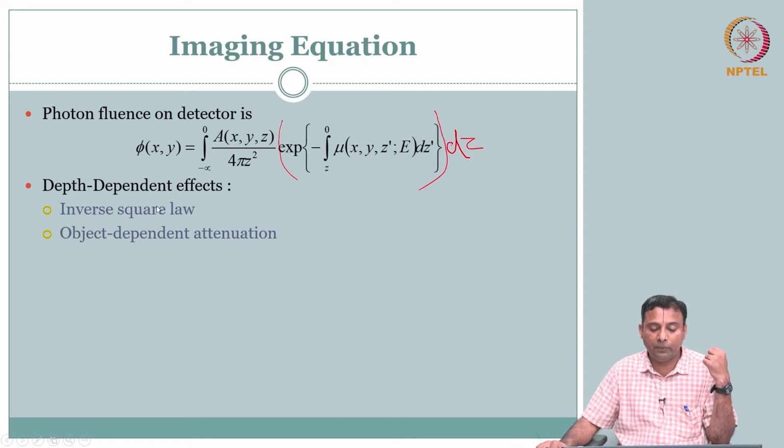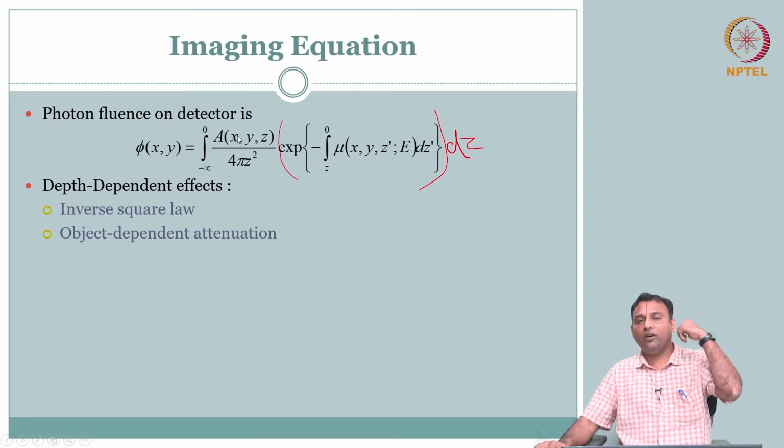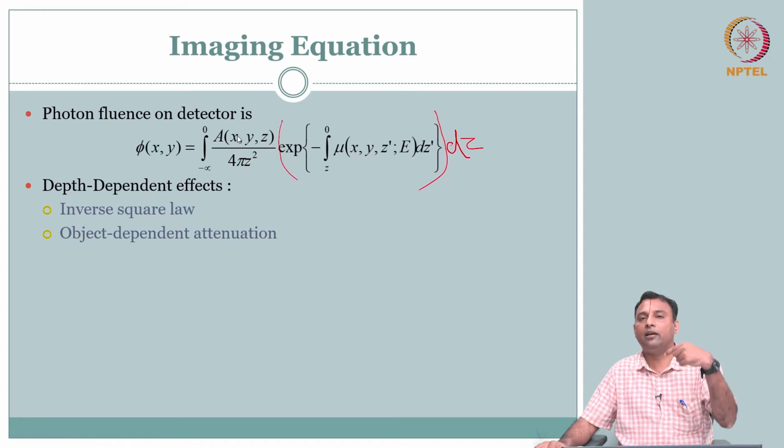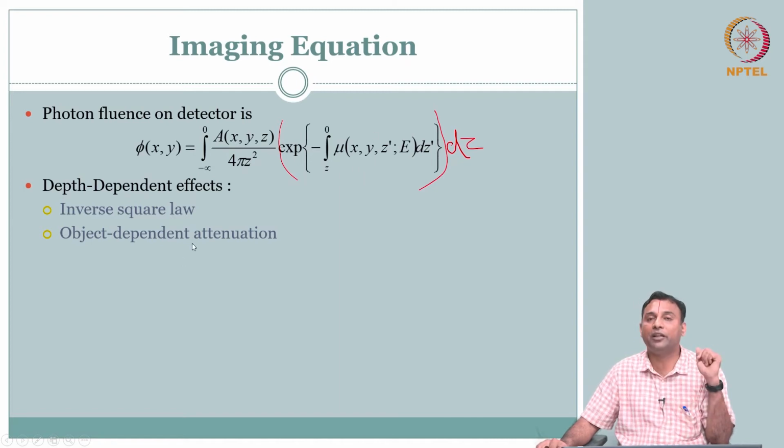So the depth dependent effect, which we knew from before, is the inverse square law, but you also have object dependent attenuation mu, and therefore whether the source is more inside the body or closer to the path that the photons travel, mu is a function of the depth or object dependent attenuation.